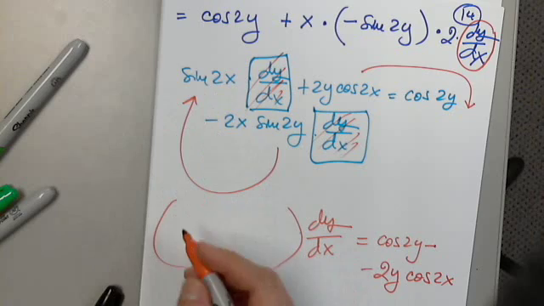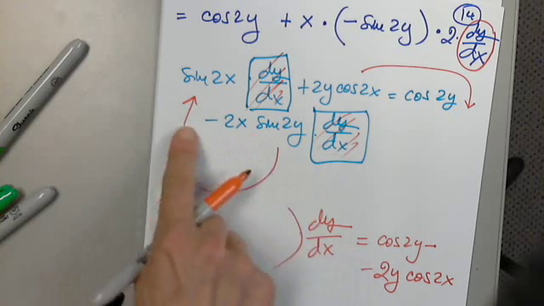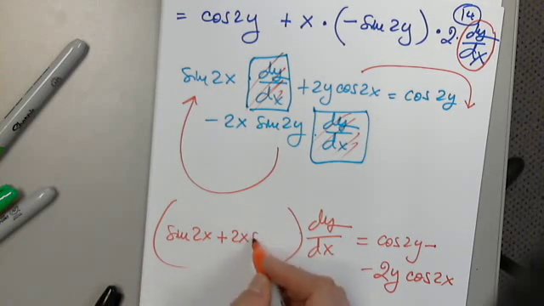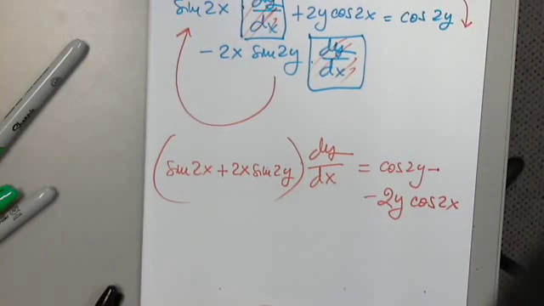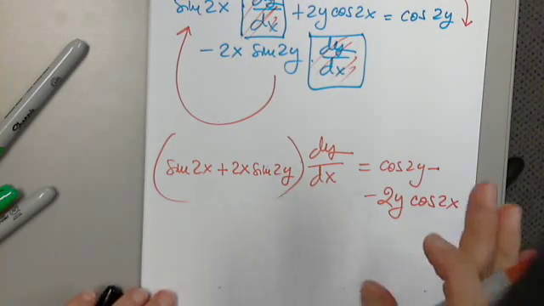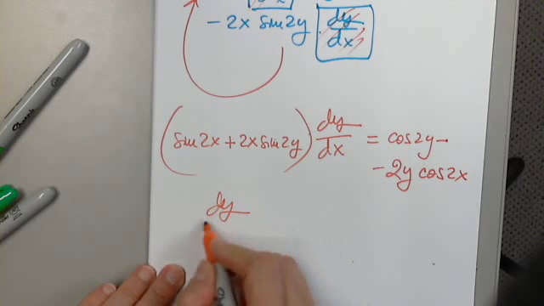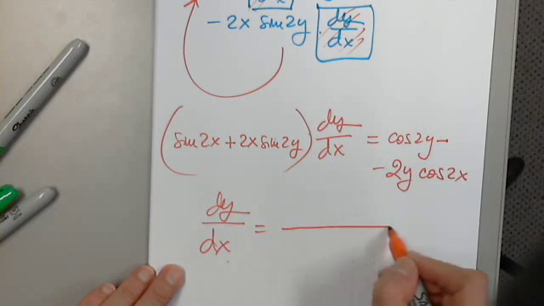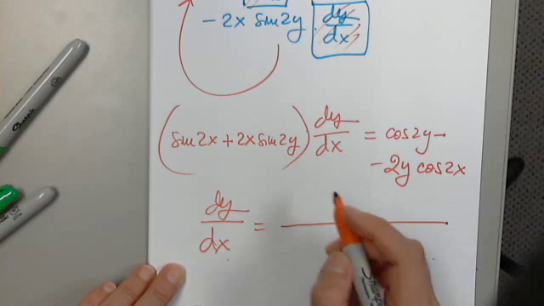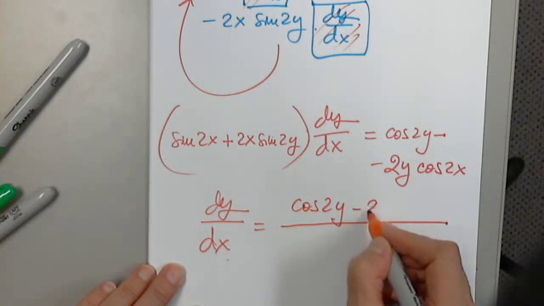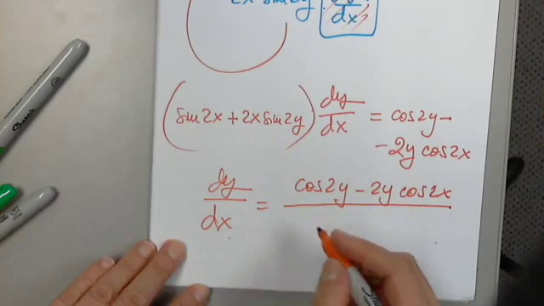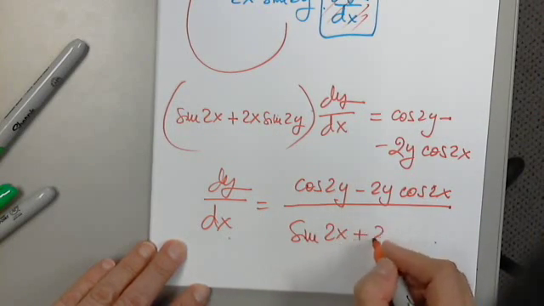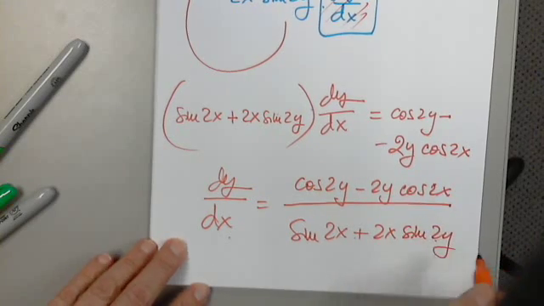So first sine 2x, but then plus 2x sine 2y. And now it's done. Yes, I divide this by this. So dy over dx equals all this cosine 2y minus 2y cosine 2x over this sine 2x plus 2x sine 2y.